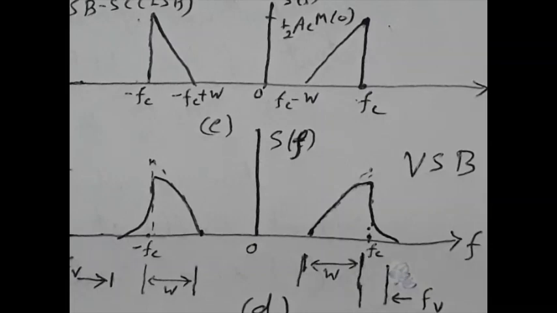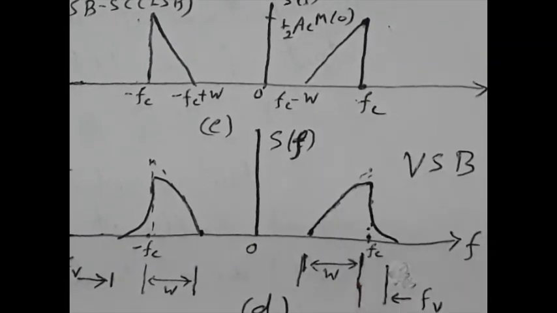One sideband will have a bandwidth of say W, and we will allow a small portion of the other sideband, so that some extra bandwidth we have to consider.